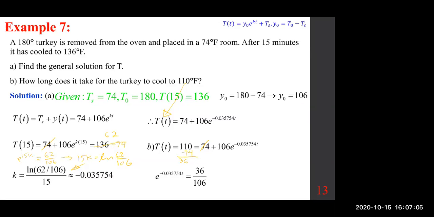And then of course, 36 divided by 106. So this step is just after that, you get this step. Now take a natural log of both sides. If you take a natural log, what do you get?